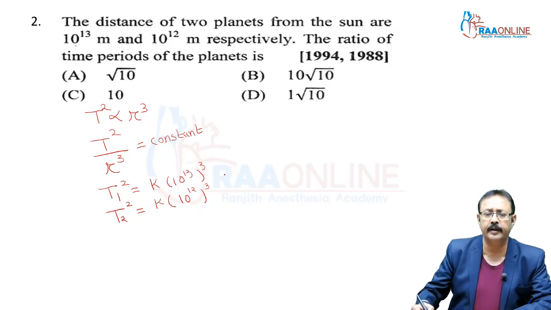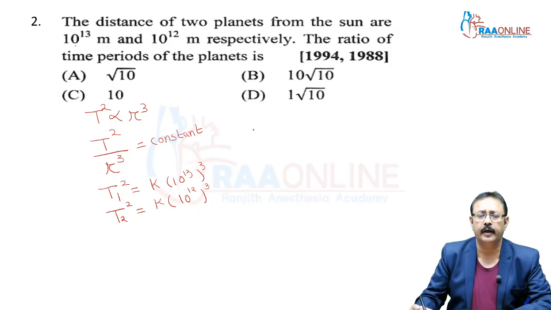So what we are getting is T1 square divided by T2 square is equal to 10 to the power 39 divided by 10 to the power 36, means 10 to the power 3.